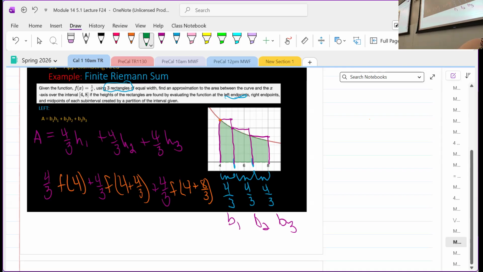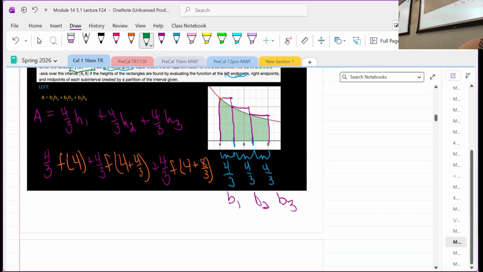Now I have my function formula. It's f of x equals 1/x. So I can actually evaluate my f values here. So I've got the 4/3, and then f of 4 is 1/4.